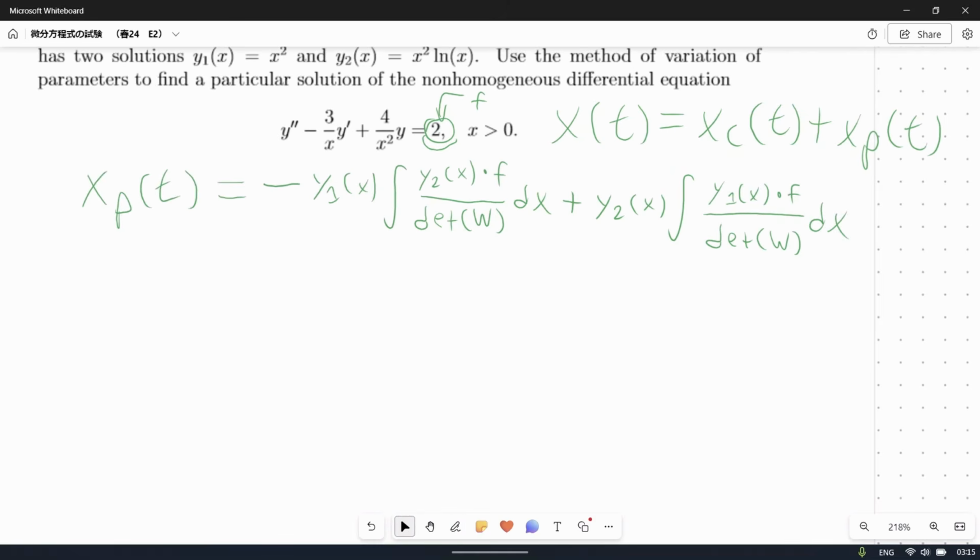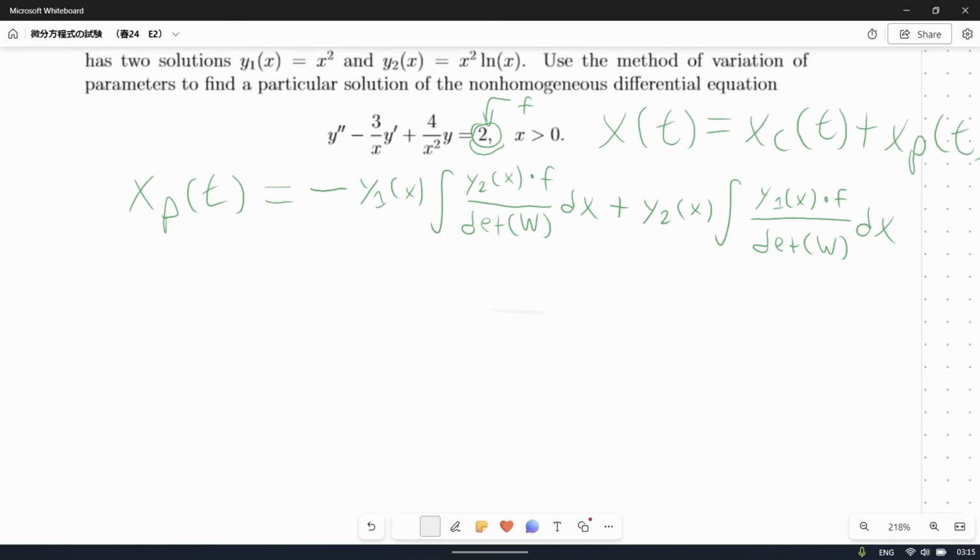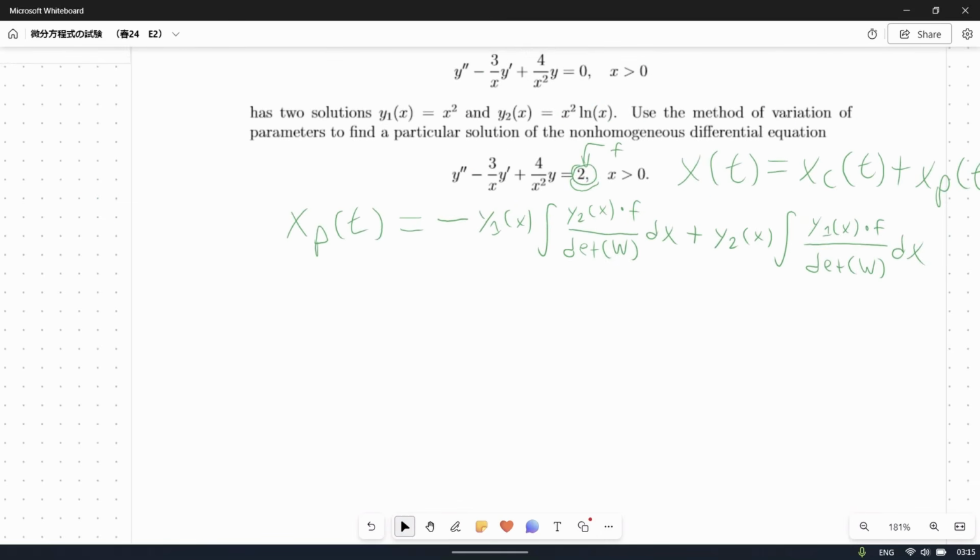And so recall that W, the Wronskian matrix, is a square matrix which, in this case, involves the two solutions given to us and their derivatives. Since we're dealing with two solutions and we need a square matrix, it's going to be a 2 by 2 matrix, where W is equal to y sub 1 of x and y sub 2 of x, and then y sub 1 prime of x and y sub 2 prime of x.